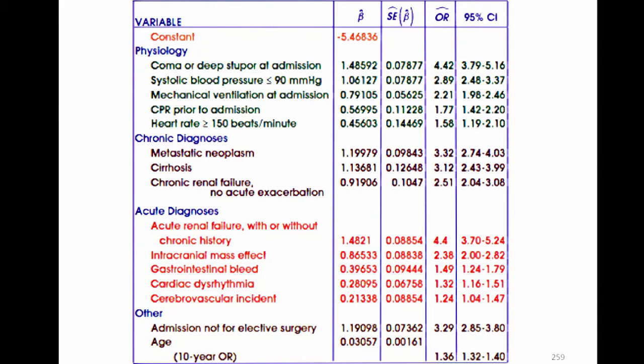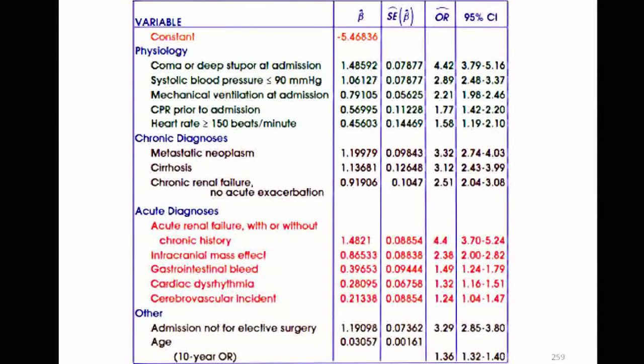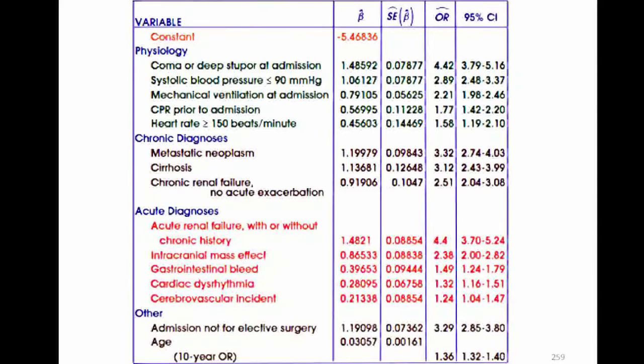And you can see the coefficients. I always present the coefficients and the standard errors of the coefficients, but I understand that readers, especially in medical journals, don't really understand what beta is. If you tell them it's the log odds ratio, that doesn't really help. So I always present a column of the odds ratios.